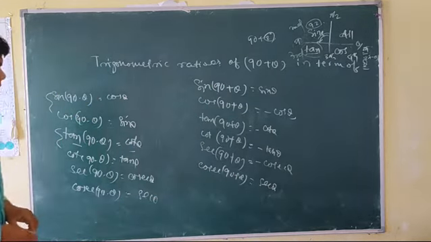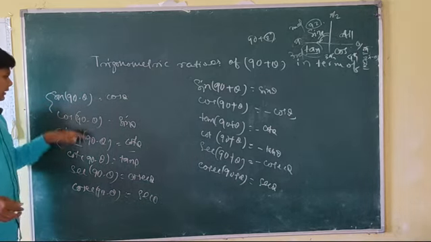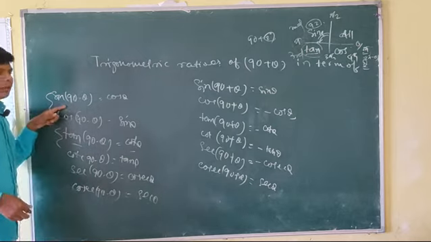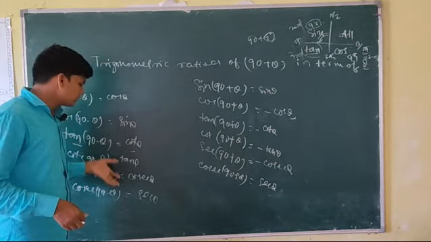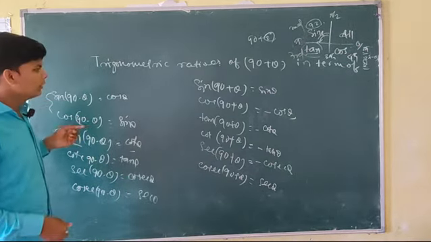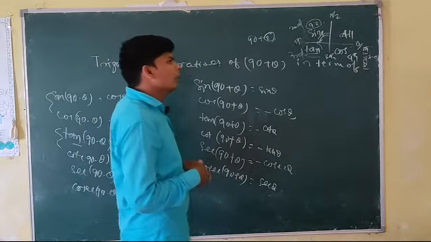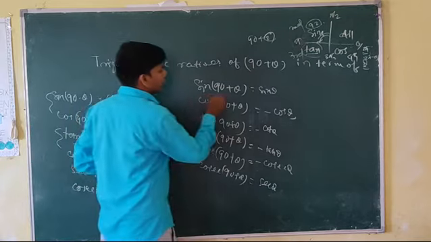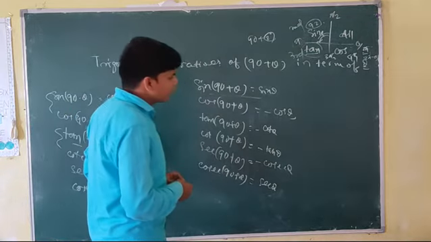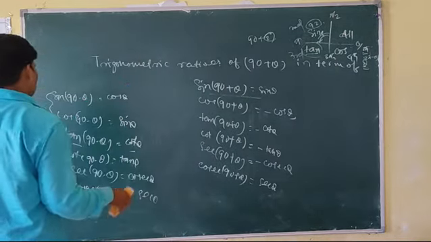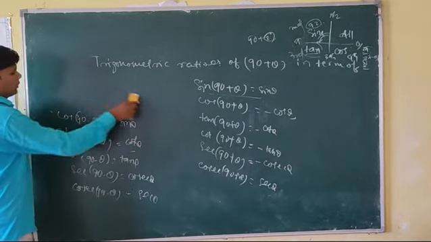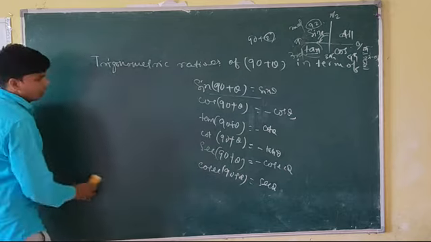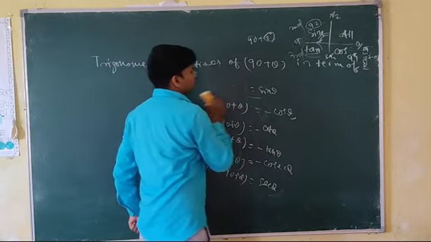I repeat again: in your last class we learned that sin(90 - theta) is cos theta, and we also found expressions for these values. But now there is no need to find any expressions, just memorize and remember this, it will help to solve problems on trigonometric functions.